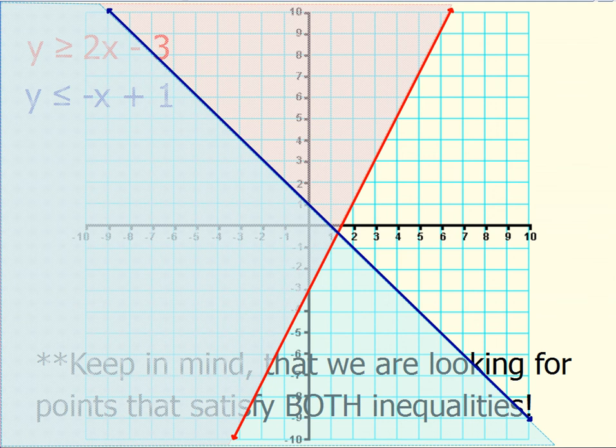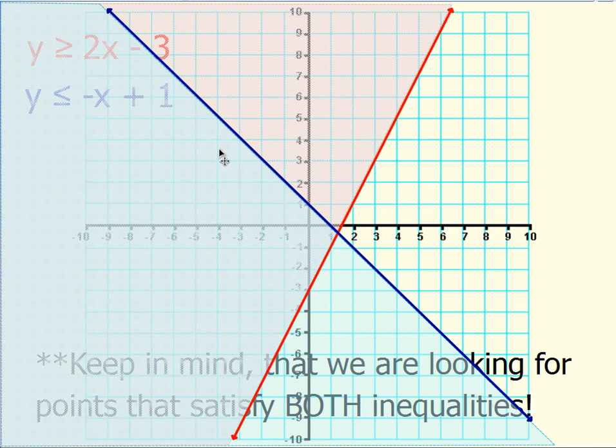Now, in a system, we need to find, again, the points that make both inequalities true. In a system of inequalities, that means this area where the two shadings intersect. The red area indicates all the points that satisfy the first inequality, and the blue area indicates all the points that satisfy the second inequality.